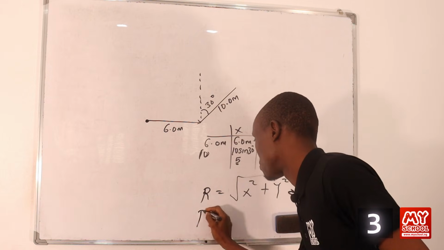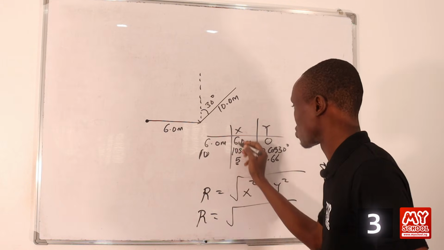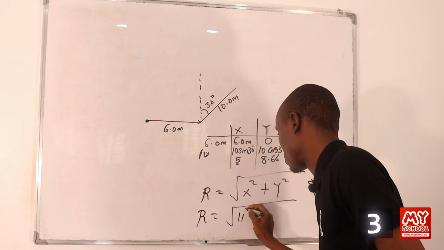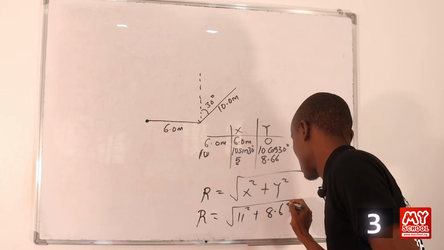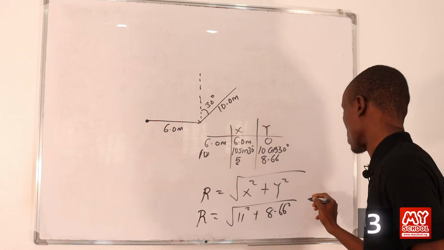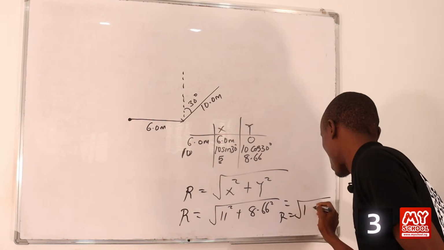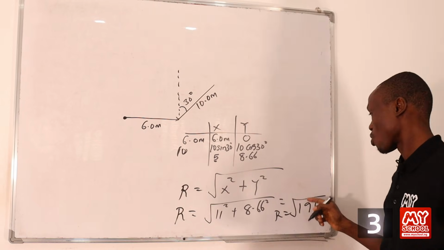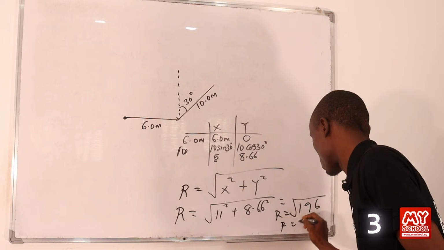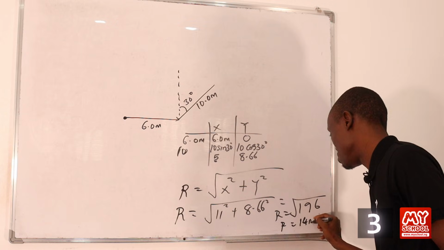So we add this together for x, that gives 11 squared, then plus 8.66 squared. So at the end of the day, R is equal to the square root of 196, and the square root of 196 is equal to 14. Since we are talking about distance, that will be 14 meters.